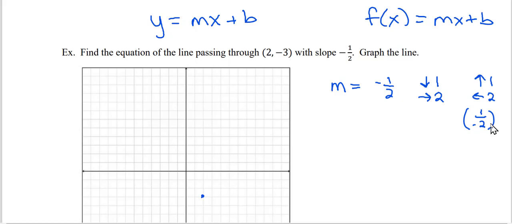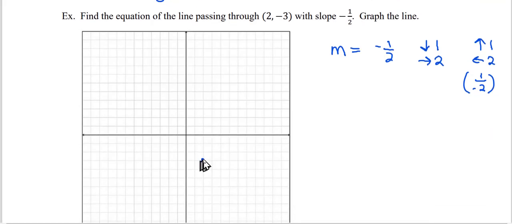So from that point that I have, down 1 to the right 2 takes me here. Notice my slope is negative and my line is decreasing, but it's not very steep because 1/2 is a pretty small number compared to like 4, which was steeper.